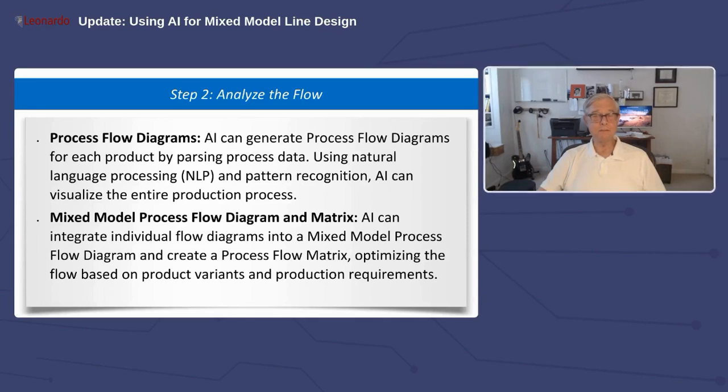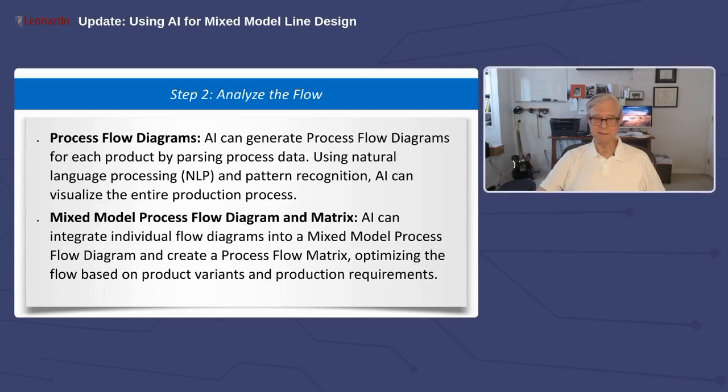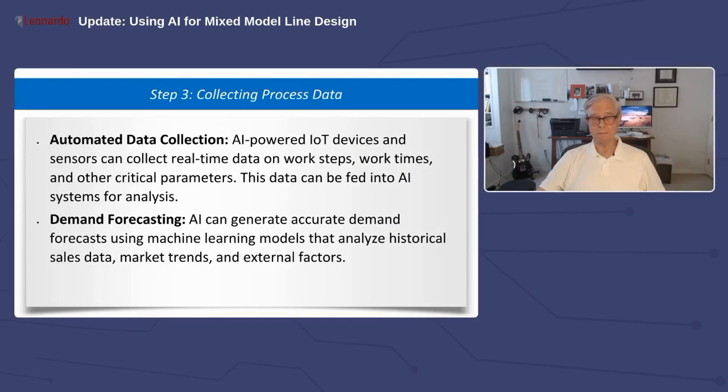That's where we take all the individual process flow diagrams and combine them into one master document that includes all of the processes, all the potential connections, and then it can summarize that in a matrix format too with X. All of that can be more or less instantaneous, and normally it would take days to weeks to complete that.